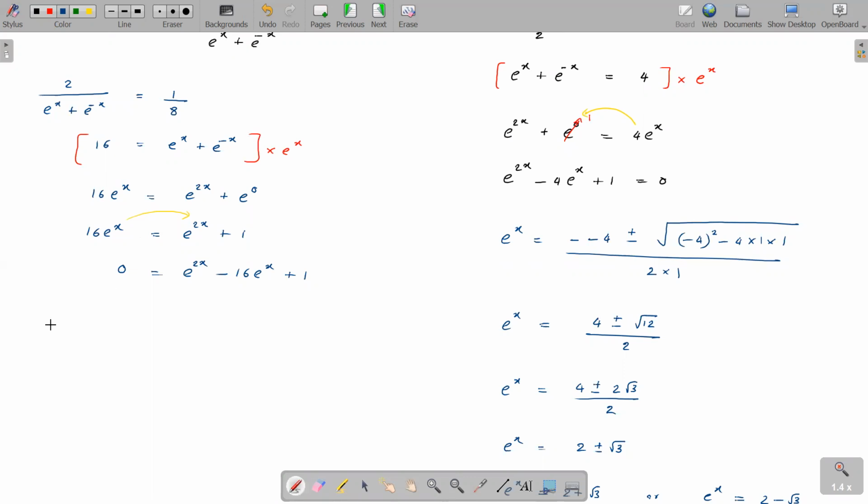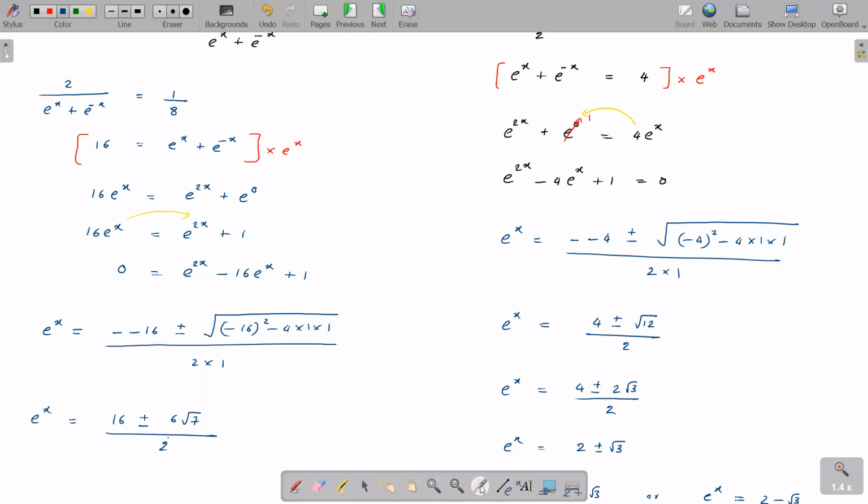If not, you can directly get the answer by using the quadratic formula: minus b plus or minus square root of b squared minus 4ac, divided by 2a. All right, guys.